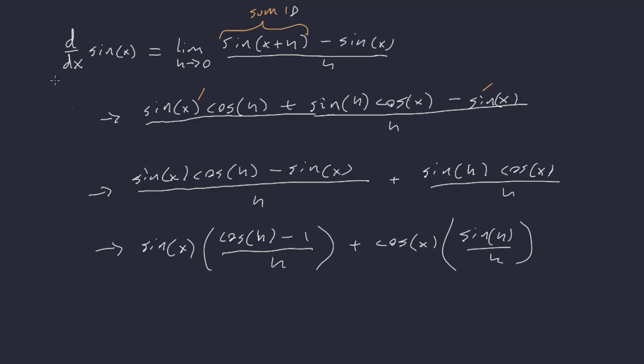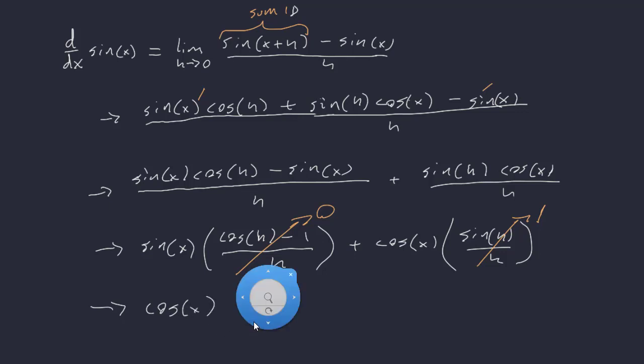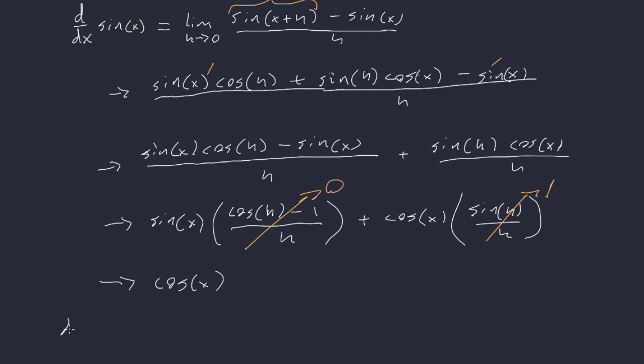As h goes to 0, cosine of h minus 1 all over h goes to 0, while sine of h over h goes to 1. So the whole thing is going to be just cosine of x. So the derivative with respect to x of sine of x is equal to cosine.